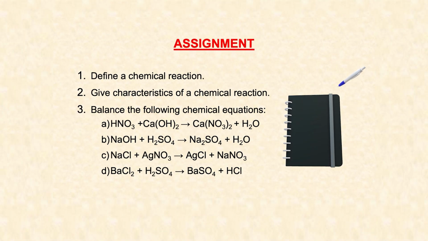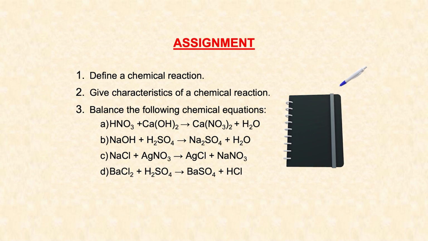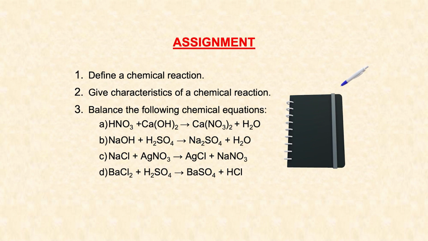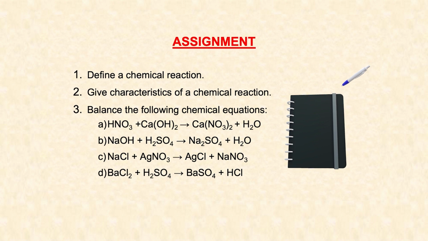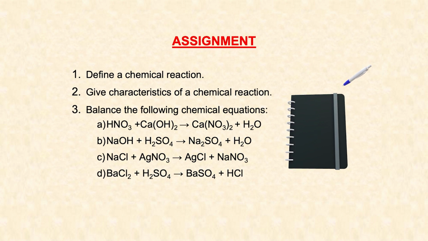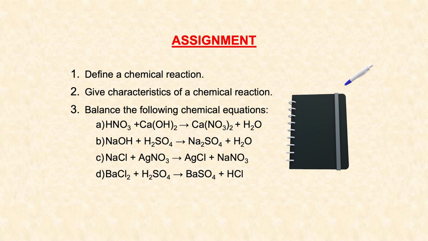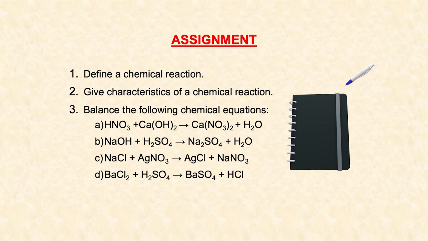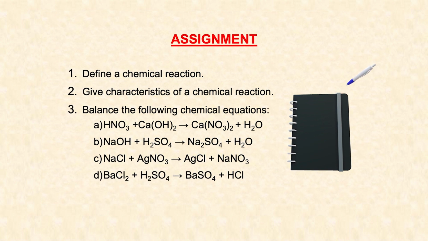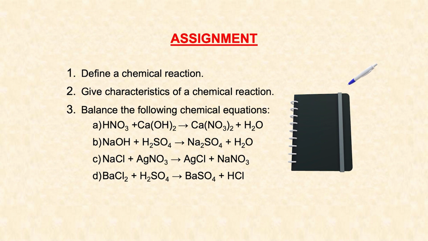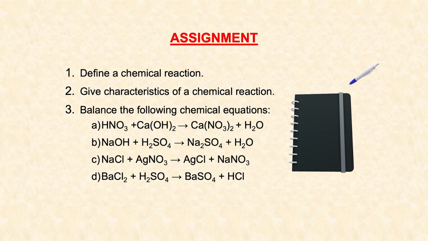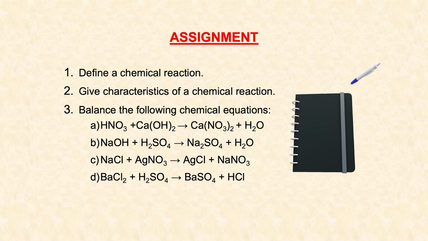Define a chemical reaction. Give characteristics of a chemical reaction. Balance the following chemical equations. First, HNO3 plus Ca(OH)2 gives Ca(NO3)2 plus H2O.